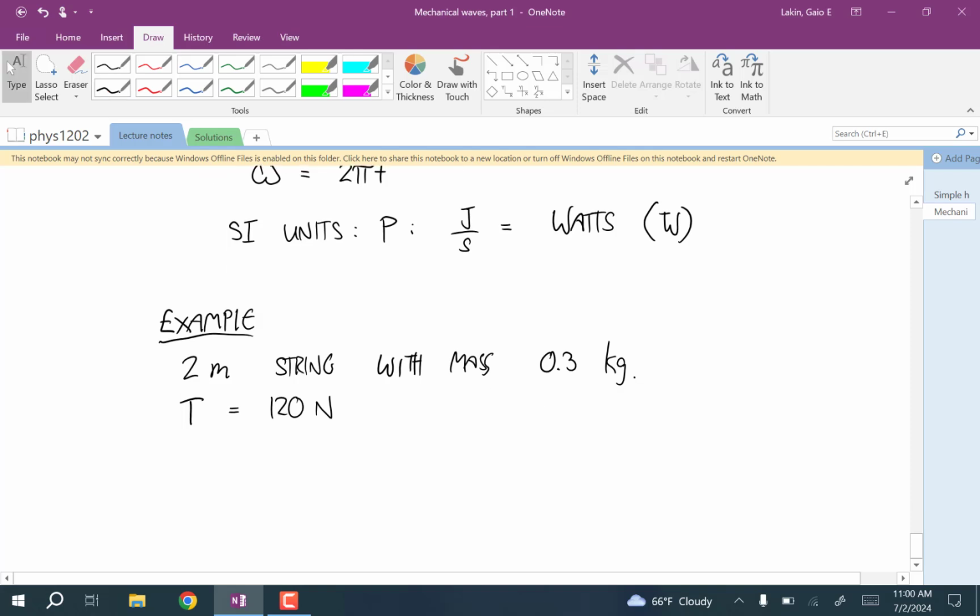And let's say that the frequency of oscillation is 80 hertz, and the amplitude of the oscillation is 6 centimeters, so 0.06 meters.